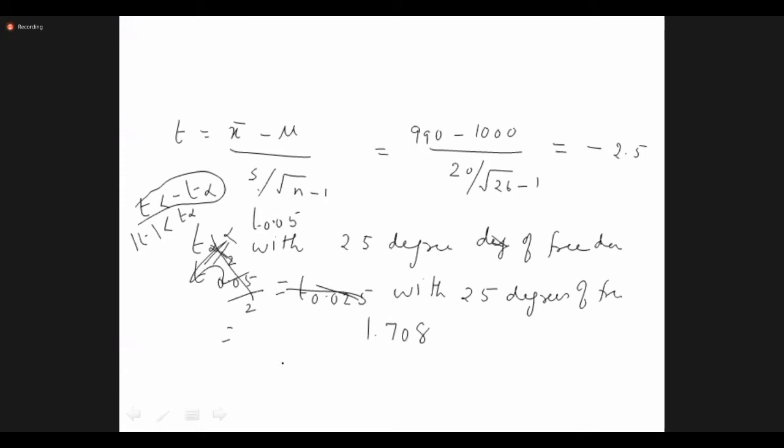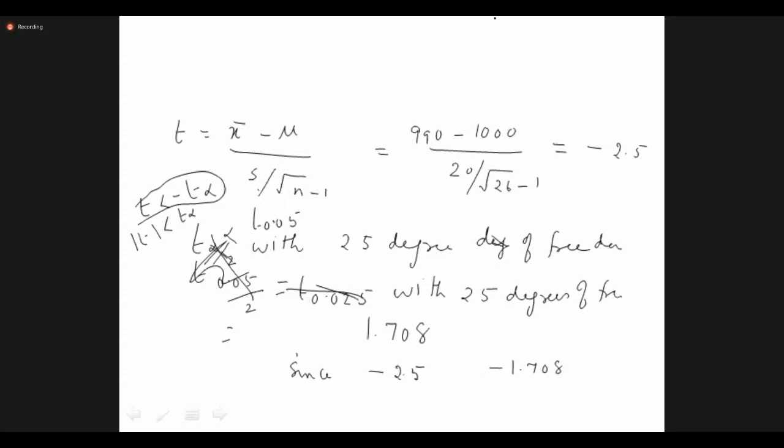Since minus 2.5 is less than minus T alpha, we reject the null hypothesis. The T alpha value is equal to minus 1.708.